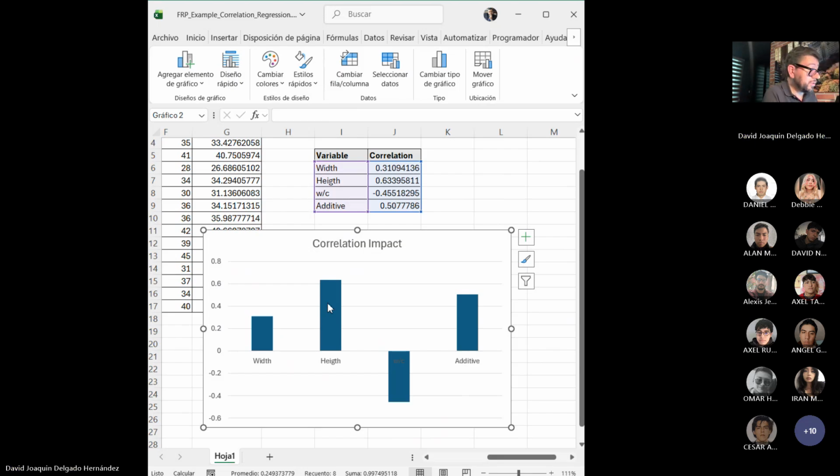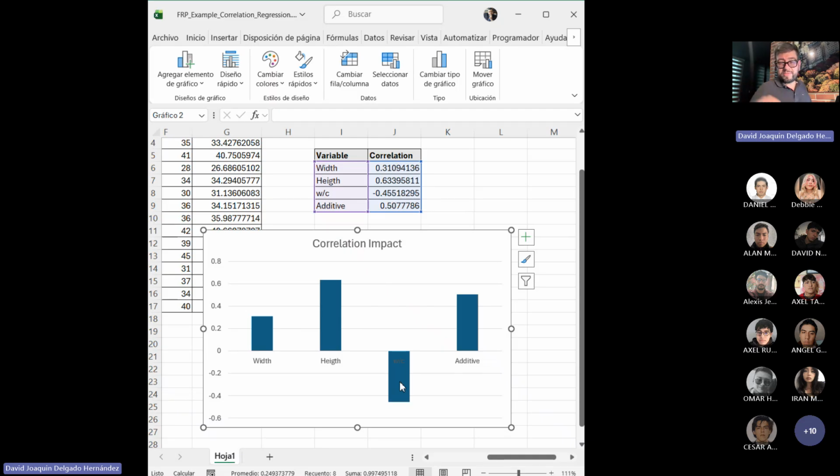And look, the water cement relationship has a negative correlation with the strength noise. That means that the more water you use in the mix, the less strength you get. And that is certainly intuitive, okay?